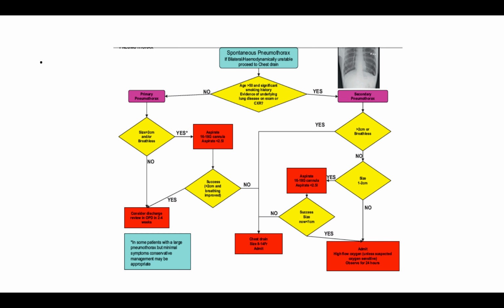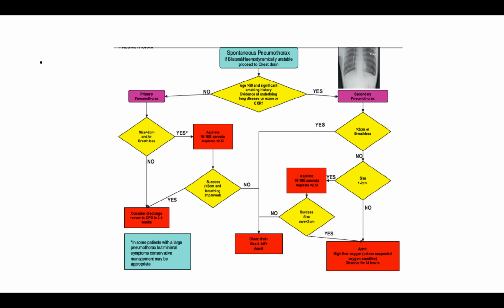In those patients who are not breathless and the size is less than 2 centimeters, we have to decide whether the size is less than 1 centimeter or it is between 1 and 2 centimeters. If the size is between 1 to 2 centimeters, then the pneumothorax should be aspirated with a needle. Up to 2.5 liters of air can be aspirated in one setting.